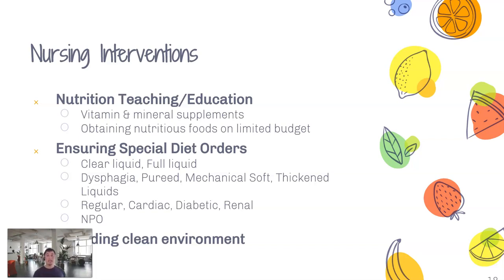The nurse can educate and teach on a clear liquid diet, often utilized for short periods of time, and it can include clear juices with no pulp, water, broth, clear soda such as ginger ale and Sprite, popsicles, gelatin, and tea and coffee.